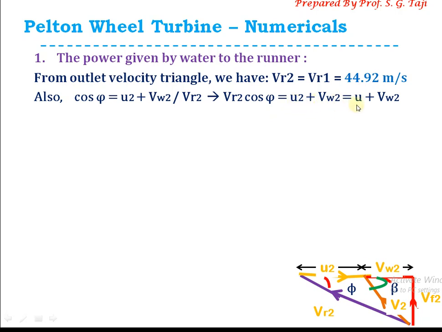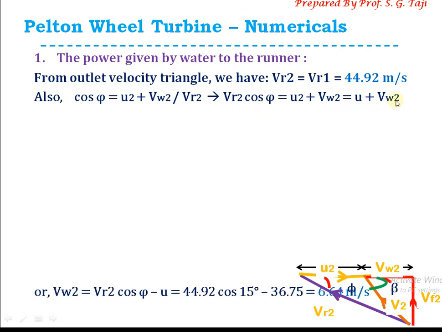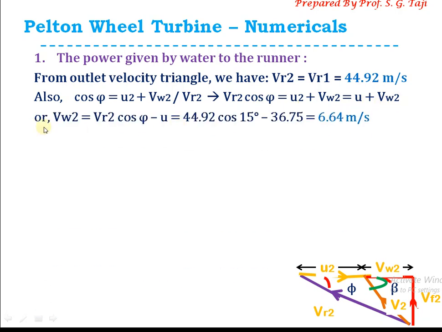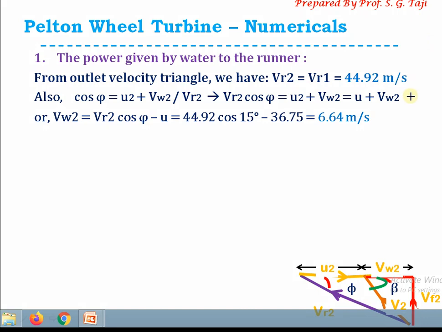So I am rewriting it as vr2 cos of phi is equal to u plus vw2. Now we can calculate vw2 is equal to vr2 cos of phi minus u. Now we know that in case of Pelton wheel turbine, if I am ignoring the frictional losses taking place at the bucket, at the vane, we can consider vr2 is equal to vr1, which we have already calculated, 44.92 meter per second.